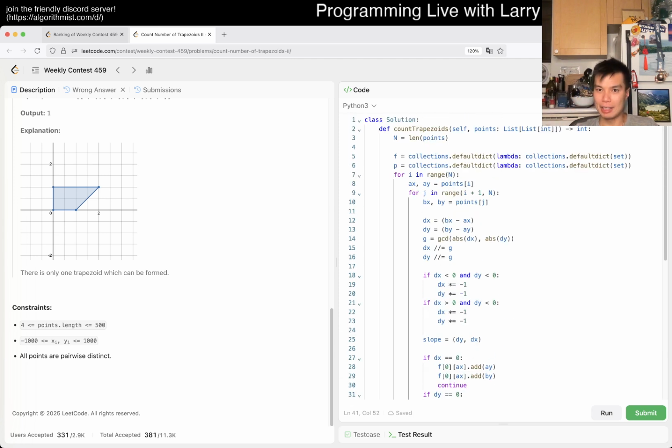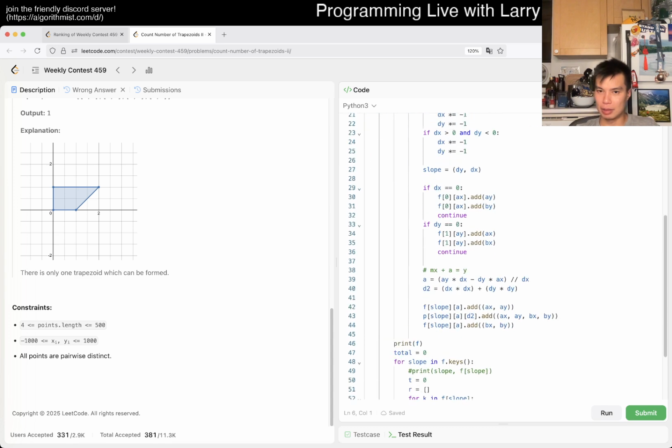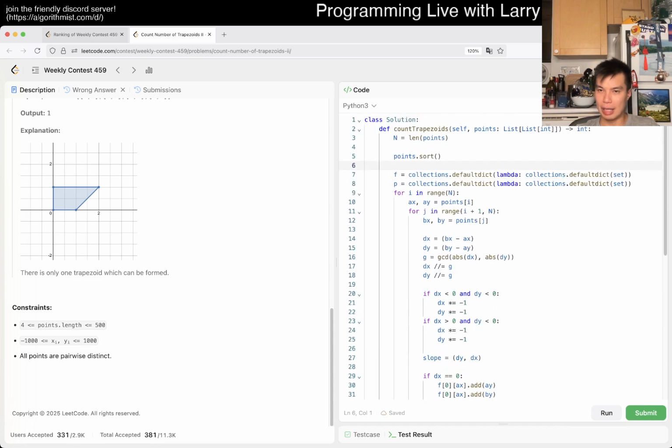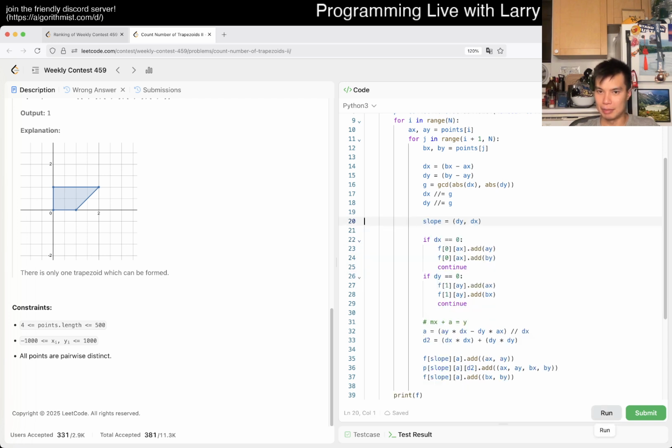In the sense that, let's sort points. Should have done it. That would keep it so that AX is always... so then that actually should have done that earlier, because then now DX should always be positive, right? So yeah, maybe.